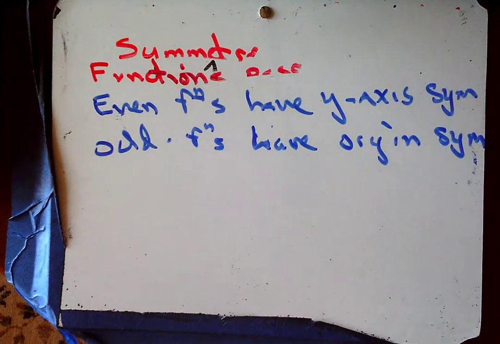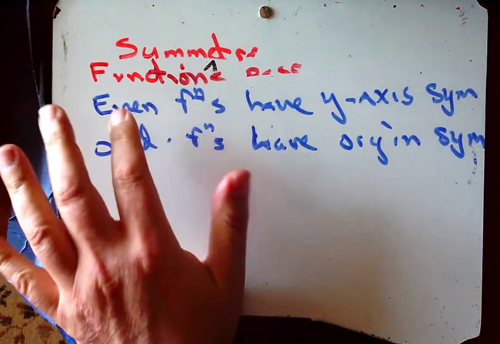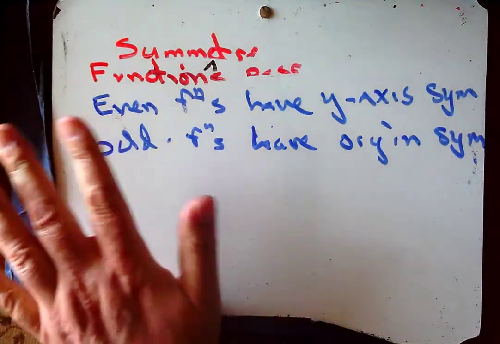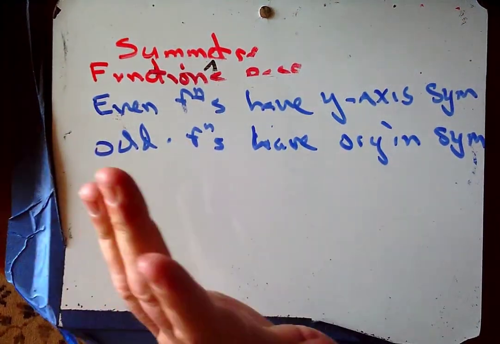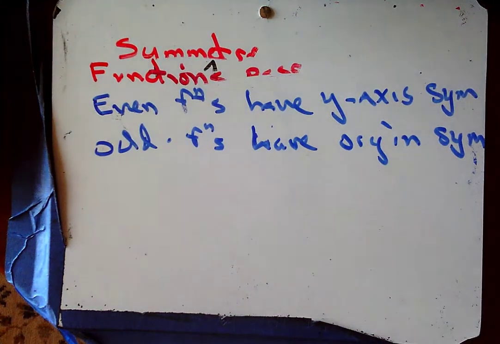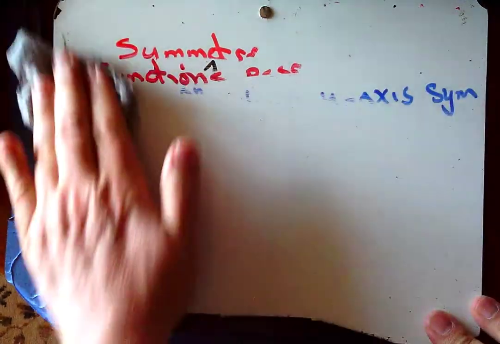Those are the only special categories of function that we're going to be seeing, even ones and odd ones. Anything that's not even or odd, it's neither even nor odd, so you don't really have to stress about it. Okay, so let's now do some classifying.